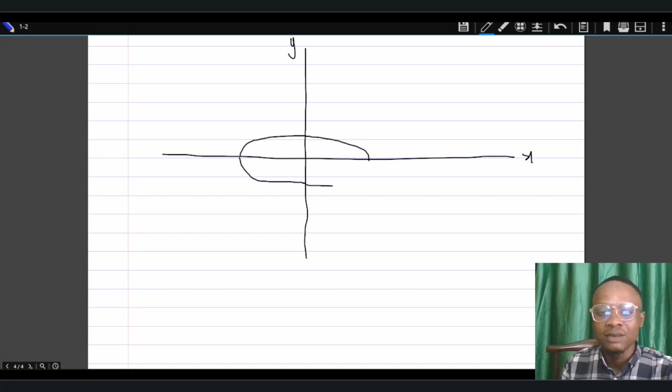And this goes this way from here. So that is that. So along the x-axis, we have this to be root 6, that's plus root 6, and this will be minus root 6. And along this, we'll have this to be root 3, and this one will be minus root 3 right here.